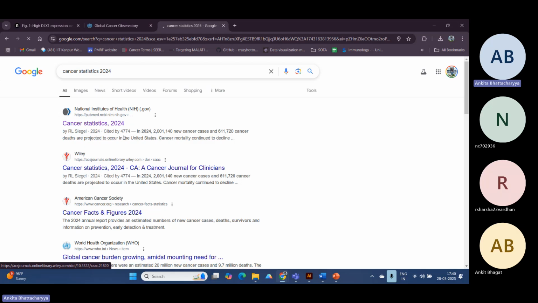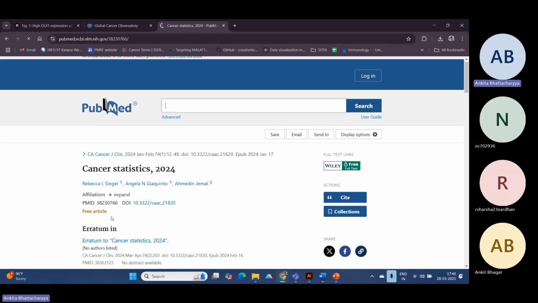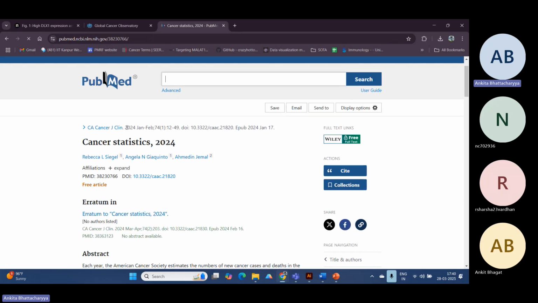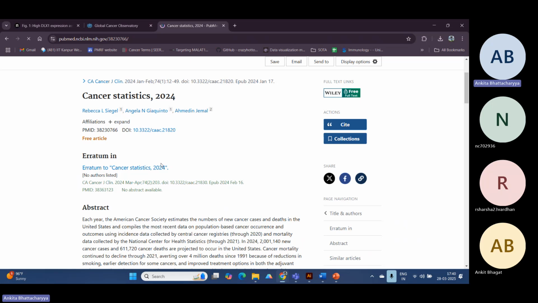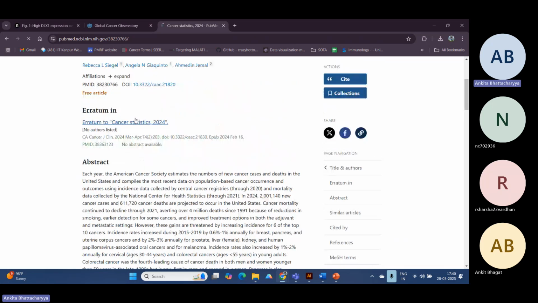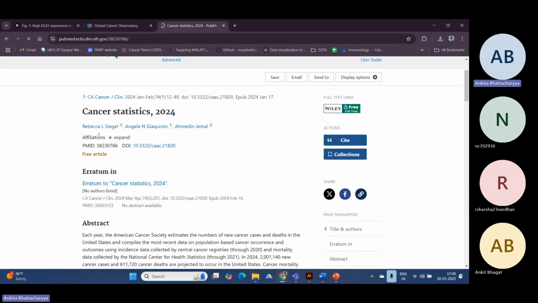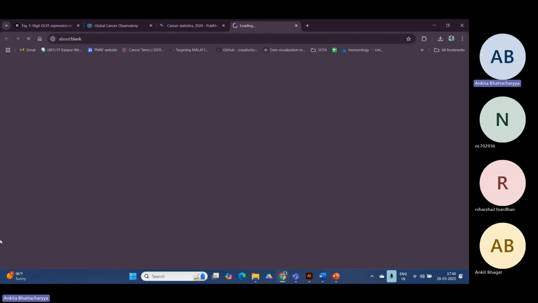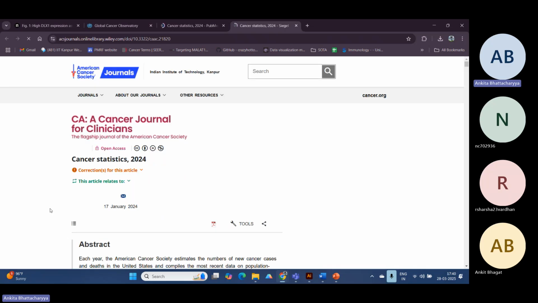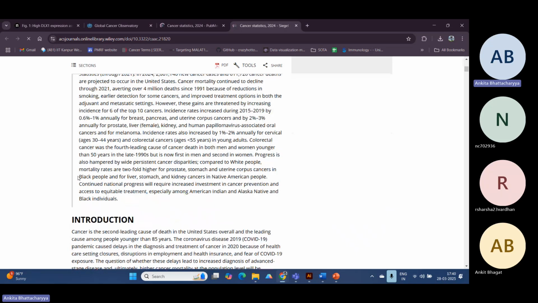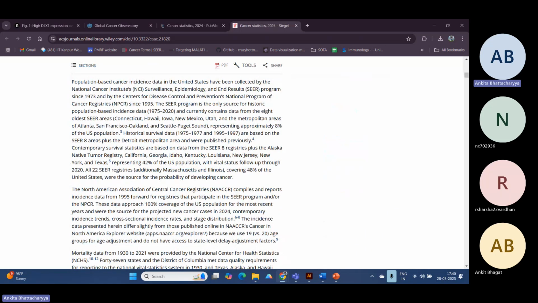So yeah, you can see the number of citations that will explain to you how relevant this information is. So you'll find this journal, you'll find this issue by Siegel et al. And most of the time, this information is free, so you can use it for your reference. And there you'll see all this information. What is the source of the data that they use?